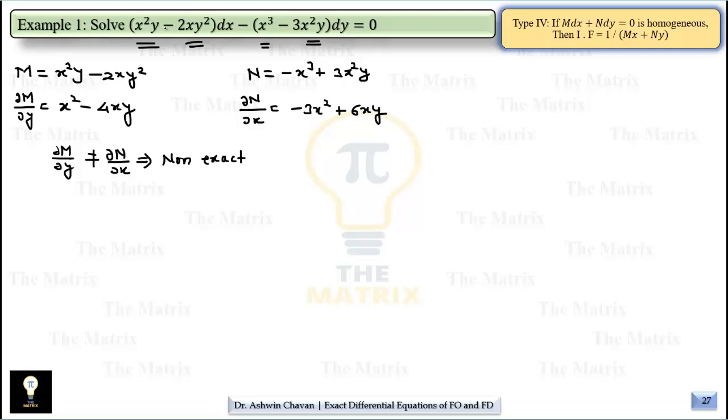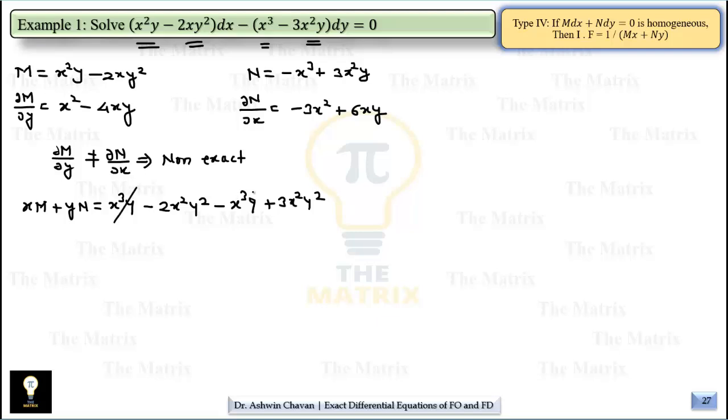Since we have already noted that it is homogeneous, let's check the combination x into M plus y into N. So let's multiply M with x. So we get x cube y minus 2x square y square, plus N into y, which is negative x cube y plus 3x square y square.